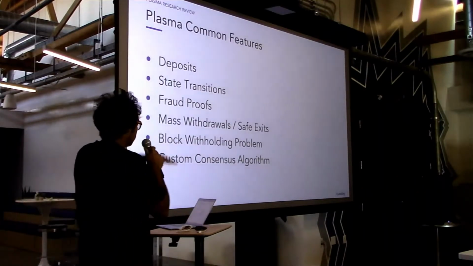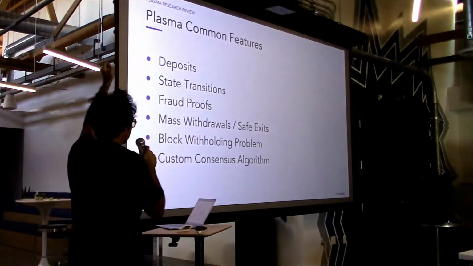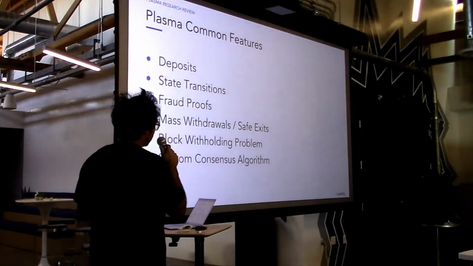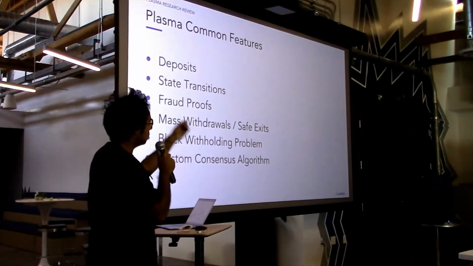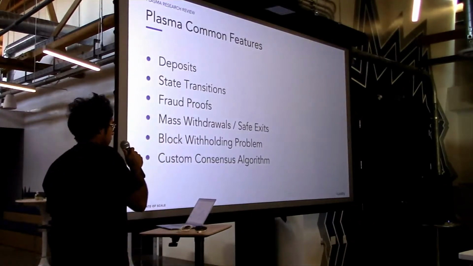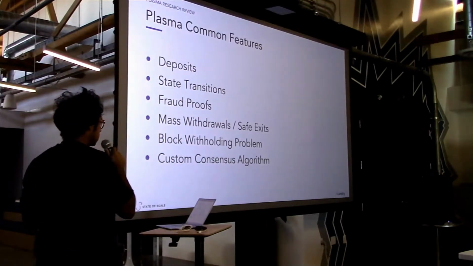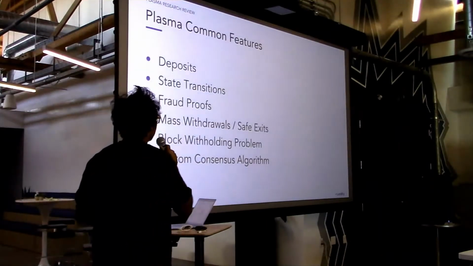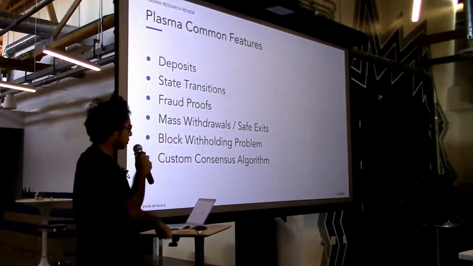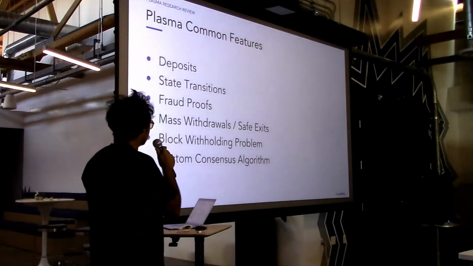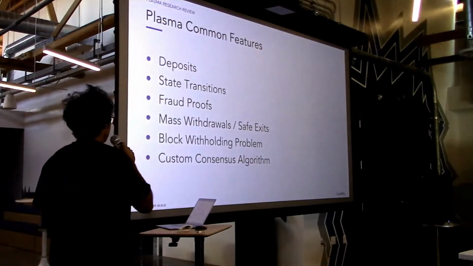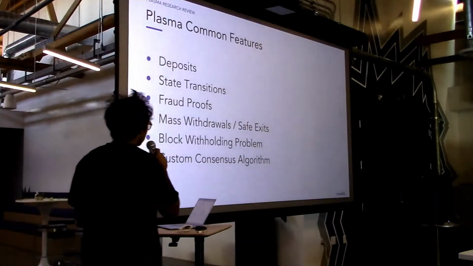Basically, you have this exit game where the deposits are ordered, so that the deposits that came in earlier can be withdrawn before the malicious withdrawals from the operators. That's the priority queue, and the transactions use the UTXO model, well, depending on the implementation.